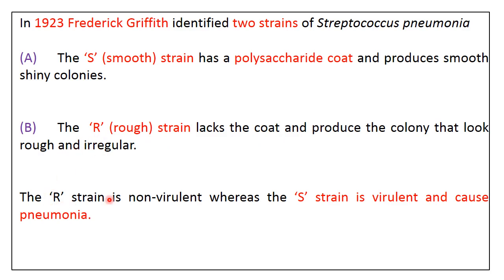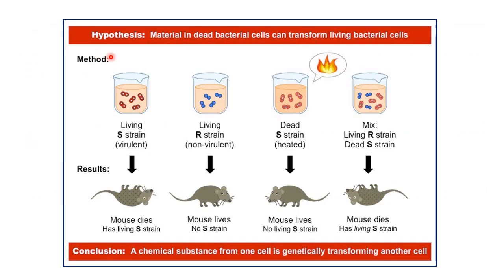The R strain is non-virulent because it does not have a polysaccharide coat, unlike the S strain, which has a polysaccharide coat and thus causes pneumonia. We can say the S strain is causing disease. Now we understand what this figure says.